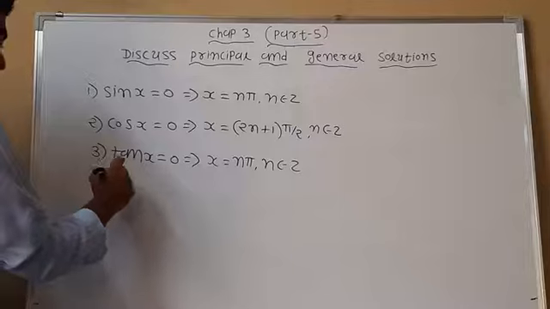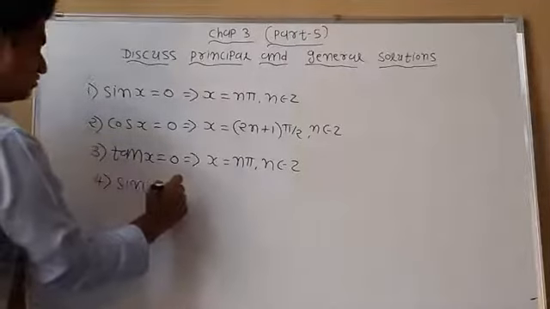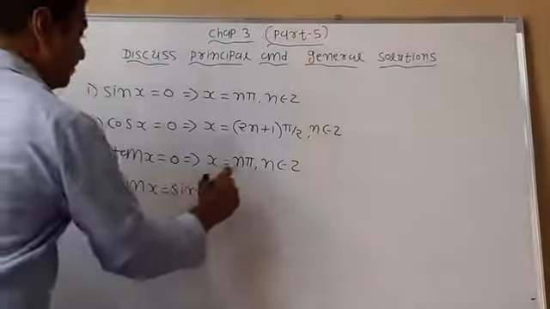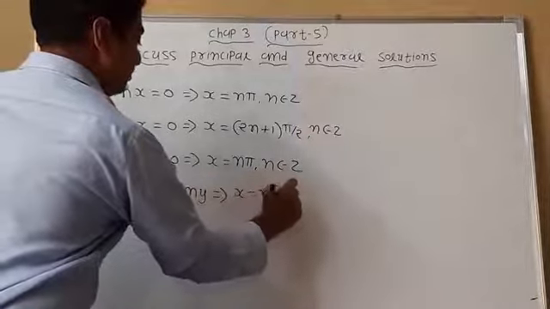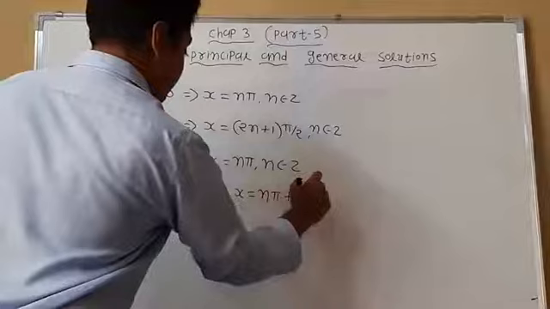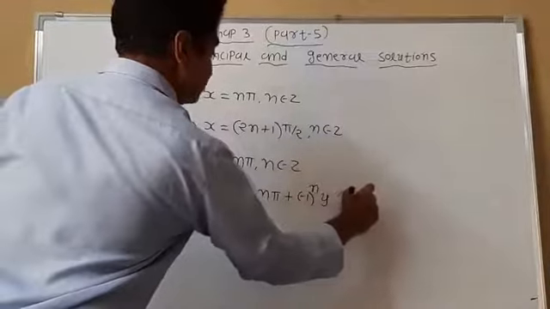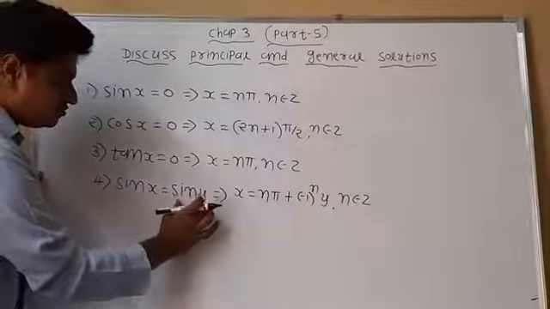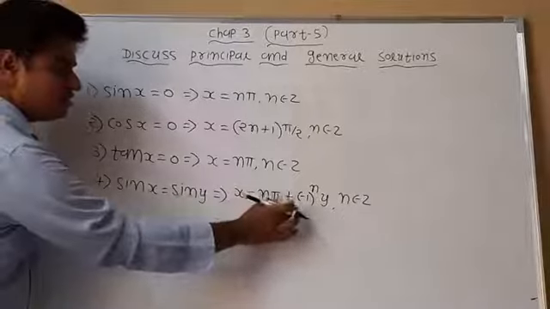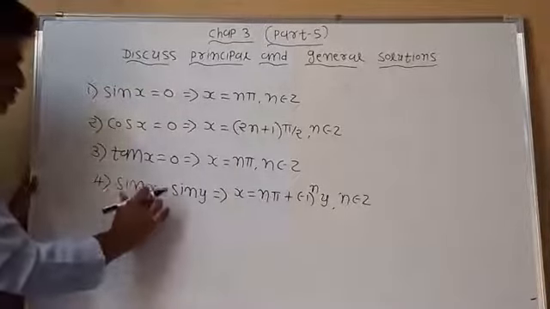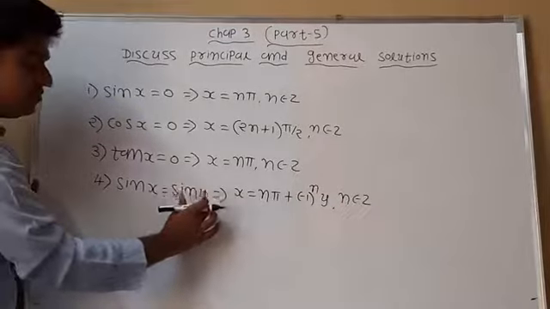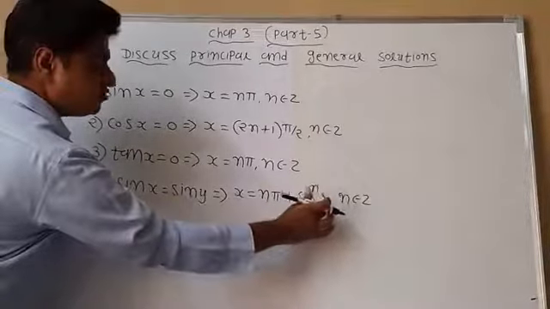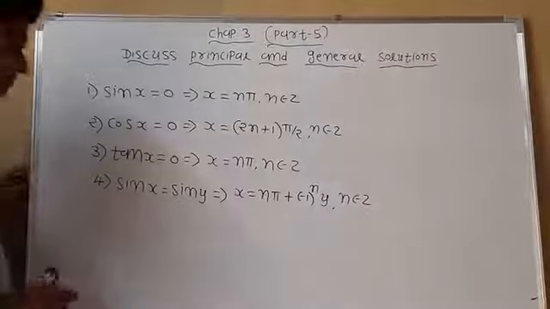Fourth result: sin x is equal to sin y implies x is equal to n pi plus minus 1 raised to n y, where n belongs to Z. In our question, if sin x is equal to sin pi by 3 form is present, then x is equal to n pi plus minus 1 raised to n, pi by 3.